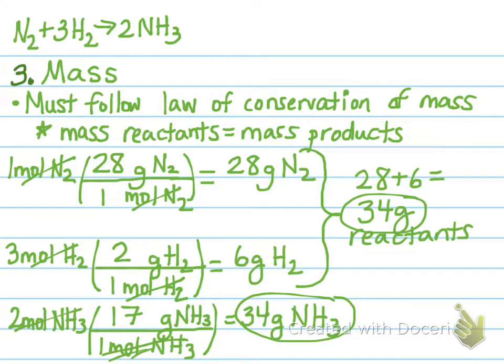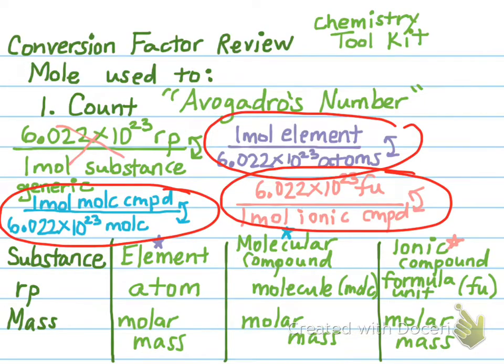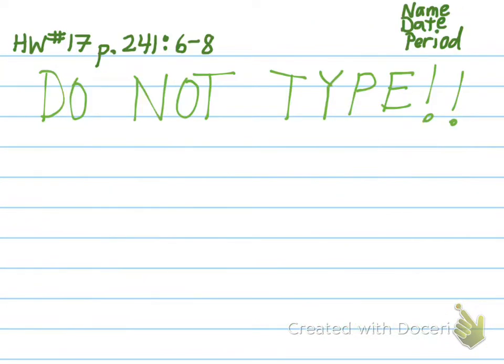Like these that we did back here, you have to show me this type of work. That's a pain to type. Do not type it. Handwrite it out on a sheet of paper and use the Adobe Scan app or take a picture of it to turn it in for your assignment.